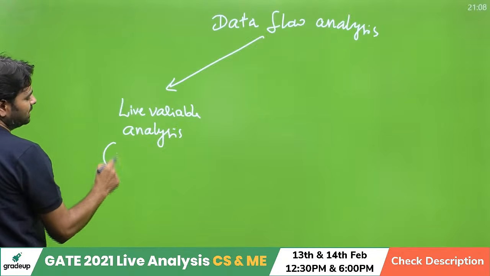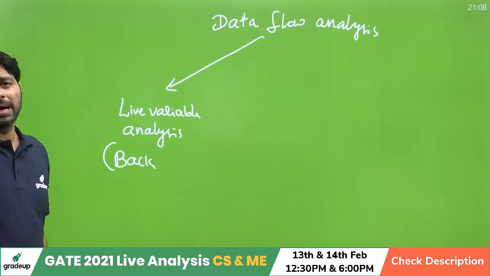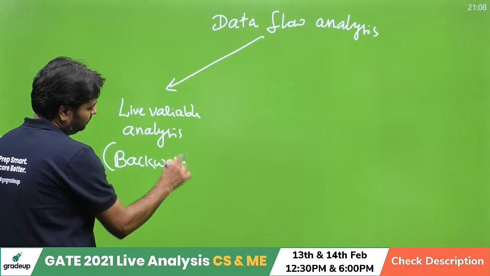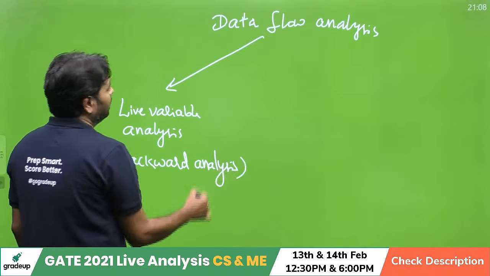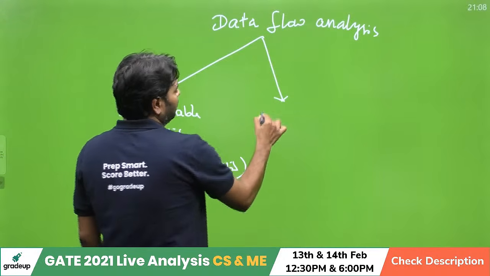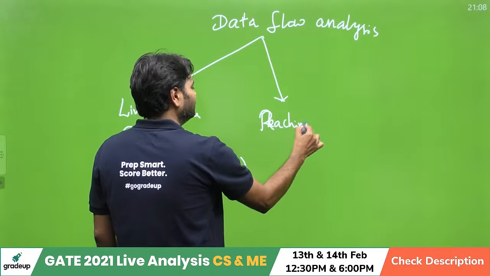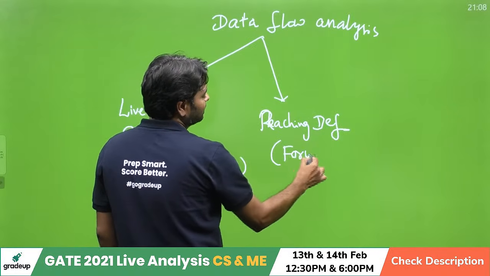Live variable analysis is also called backward analysis. In the exam they may ask whether live variable analysis is backward or forward. It is a backward analysis. And there is another one, reaching definitions, which is a forward analysis.